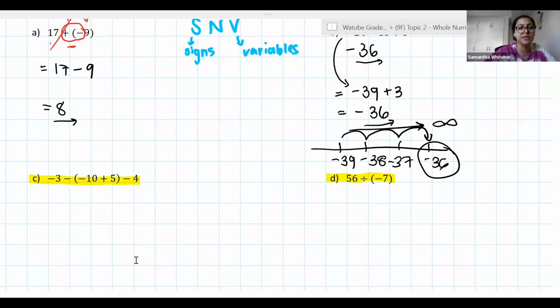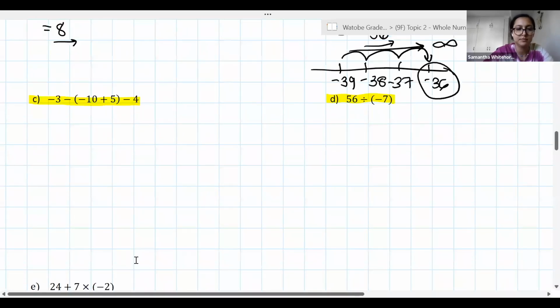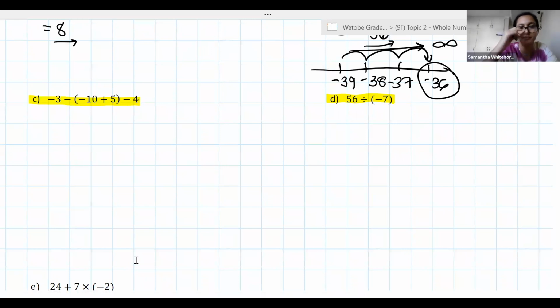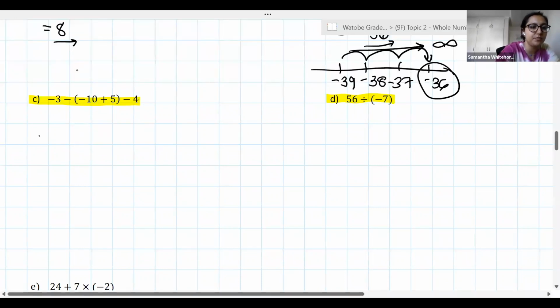Okay, Lufuno, do you want to tell me how we do C? Yes, ma'am. Okay, I'm ready. And the answer to C, ma'am, is -2. Okay, can you tell me the steps that you did? Ma'am, I started with the bracket.